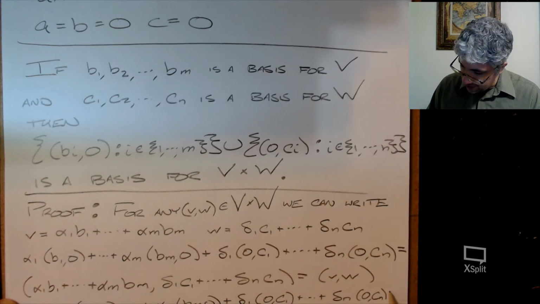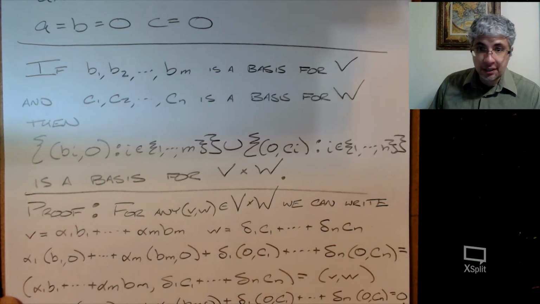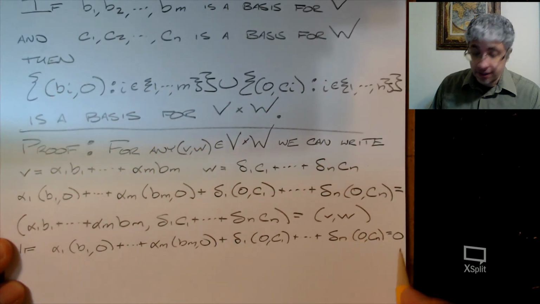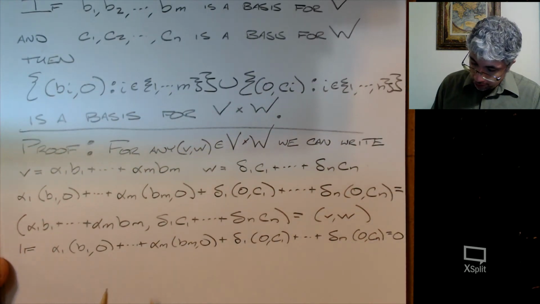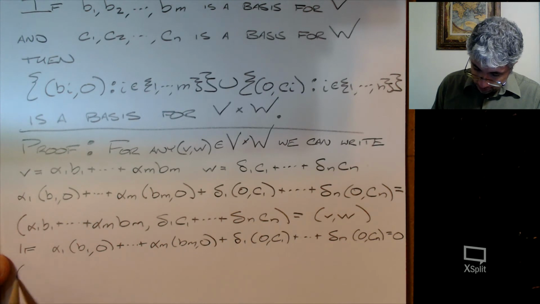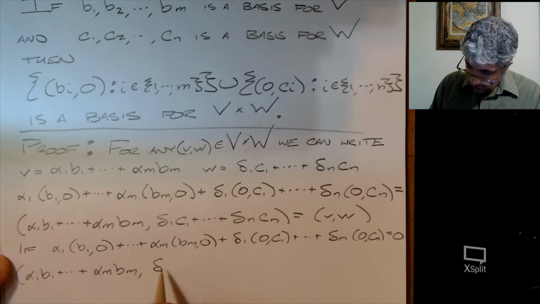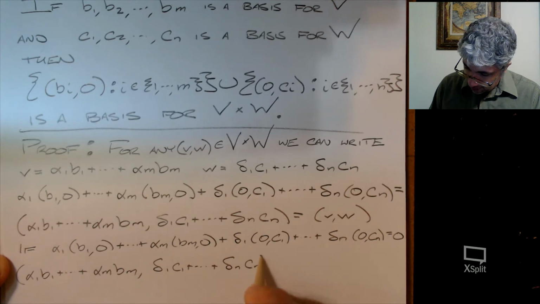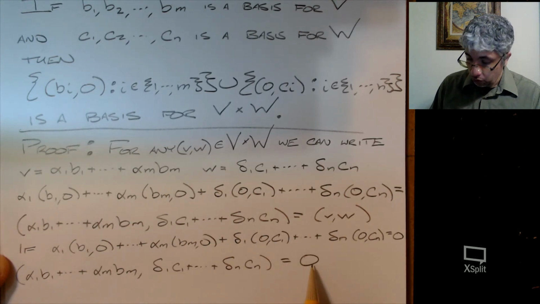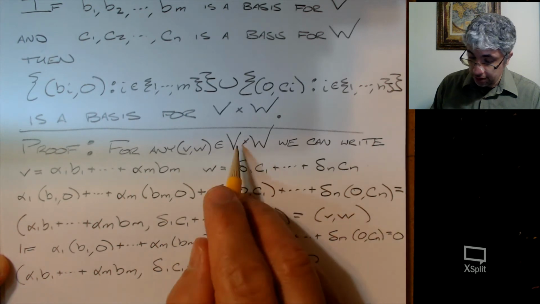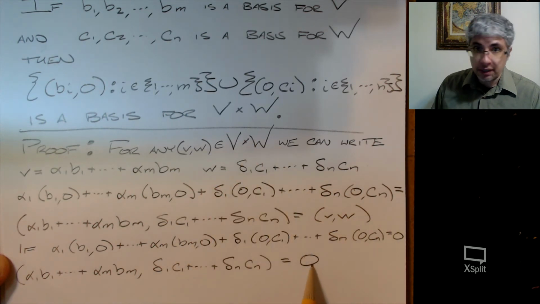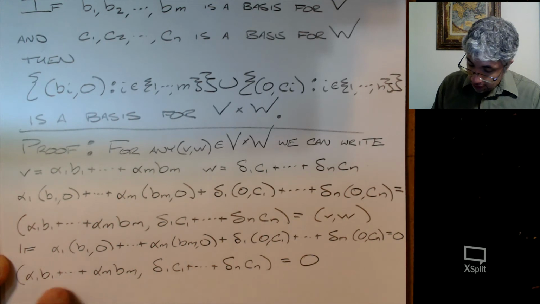So if this equals 0, and here this 0 means the (0, 0) inside our space, what do I know? Well, I know that (alpha 1 B1 plus alpha m Bm, delta 1 C1 plus delta n Cn) is equal to 0, which once again, by 0 I mean the (0, 0) inside V cross W.